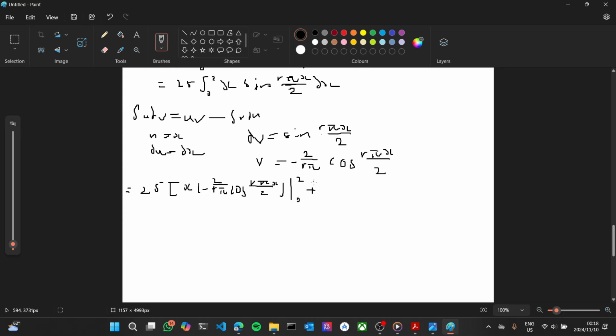So I'm going to add a plus here because this negative is just going to be drawn out of this integration. So it's 2 over r pi multiplied by the integration from 0 to 2 for cosine r pi x over 2 times this dx here.